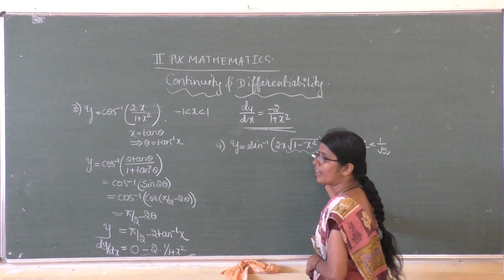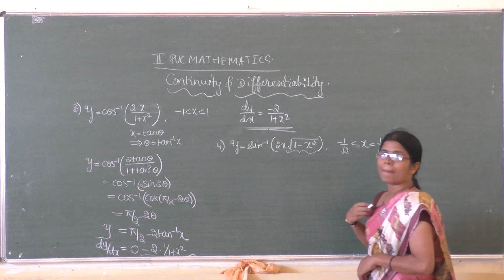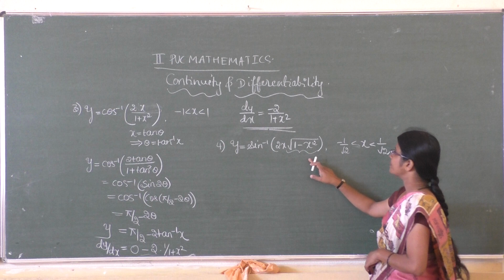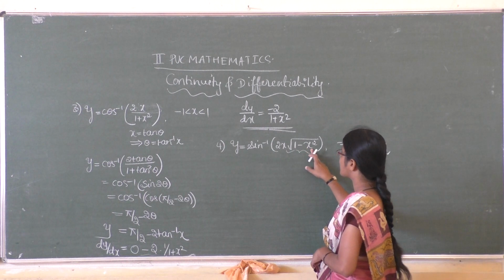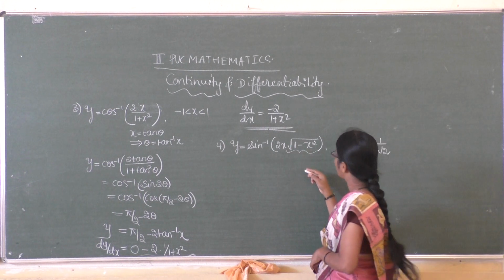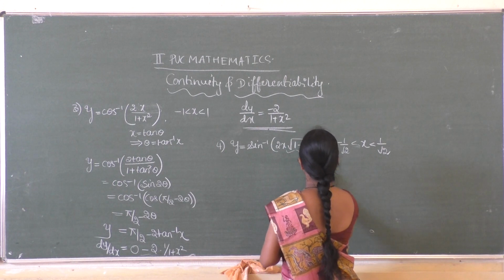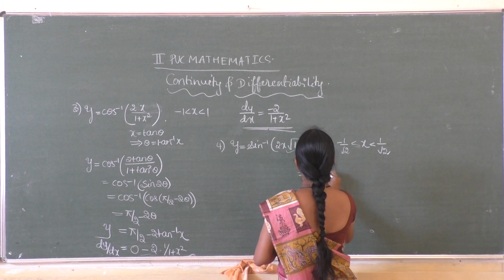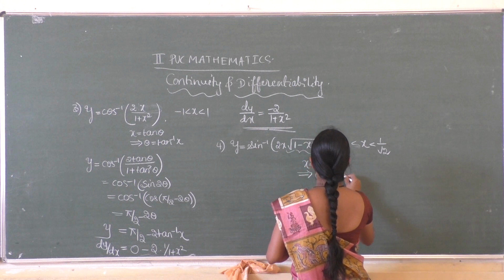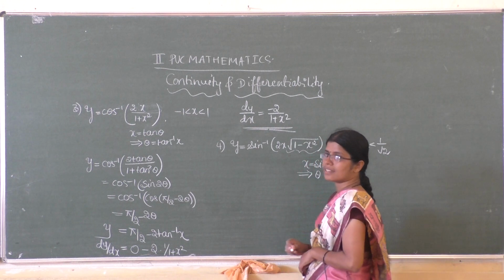When we are applying the fundamental relation, here we take 1 minus x square, so put x equal to sin theta. You can give cos theta also. Put x equal to sin theta, that implies theta equal to sin inverse of x.